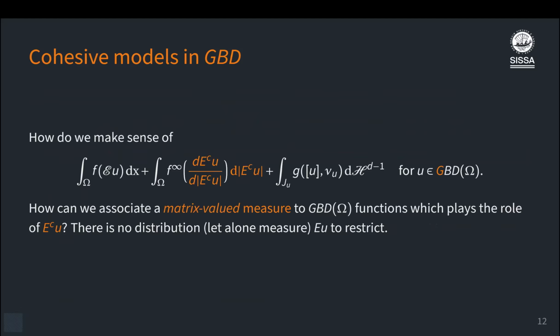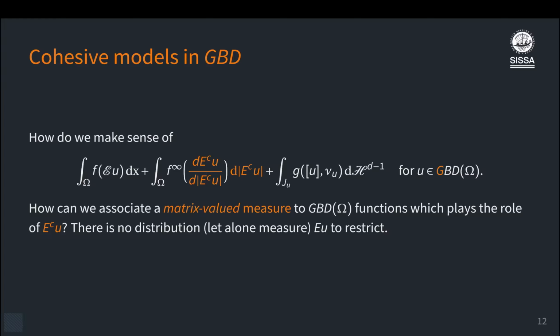Because in the BD setting, the way I defined it was, I was picking the singular part of the measure Eu, and then I was restricting it to the complement of the jump set. But here I don't have a measure of which I want to take the singular part, and I have nothing to restrict.